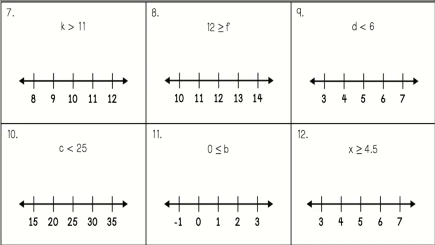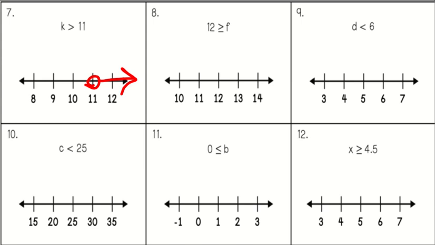All right, so I'm going to show you number 7, and then y'all can do the rest. We got 11, open or closed circle? Open, there's no line underneath it, it's just greater than. So we got open circle on 11. And which way is my arrow point? To the right. That's it.